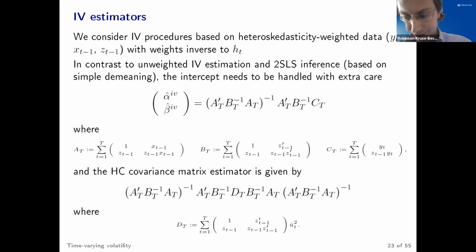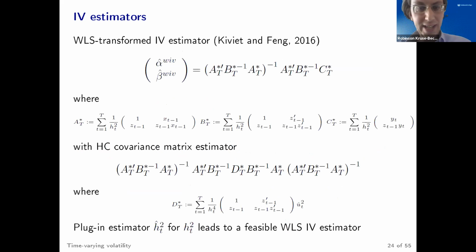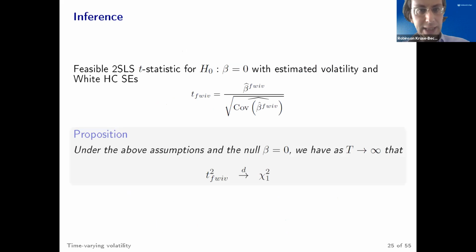So some extra care is needed here, just to say that. We use an HC covariance matrix estimator. I've also mentioned that. So we follow the Kuersteiner and Feng and Romano-Wolf idea. And we come up with our modified statistic. And we also get the same nice chi-squared 1 limiting distribution for inference.